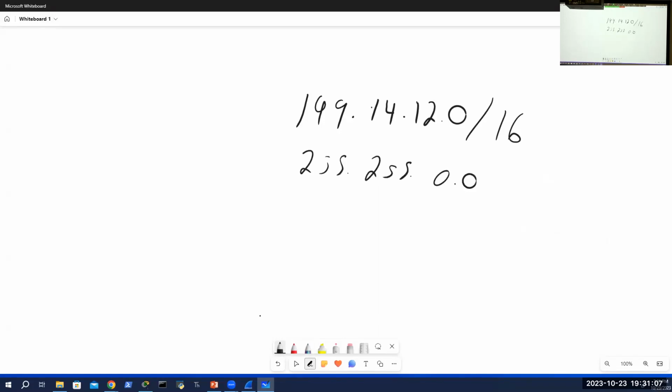Okay, then could I assign this address to a computer? 199.14.12.0, if I use this subnet mask, could I assign this to a computer? Sure. Absolutely, because the rule is you can't assign the network ID. Well, the network ID for this would be 199.14.0.0 because the last 2 octets are the host, because the first 2 are the network.